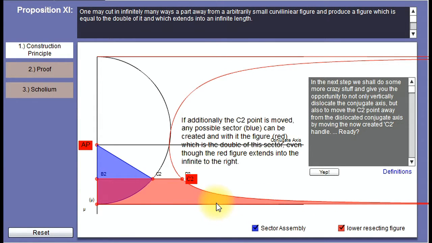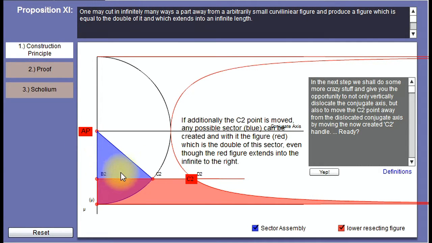to the whole category, because you know by principle that the sector is half the size of the area of the resecting figure, because both are composed of infinitely small areas, which are triangles in case of the sector and rectangles in case of the resecting figure.